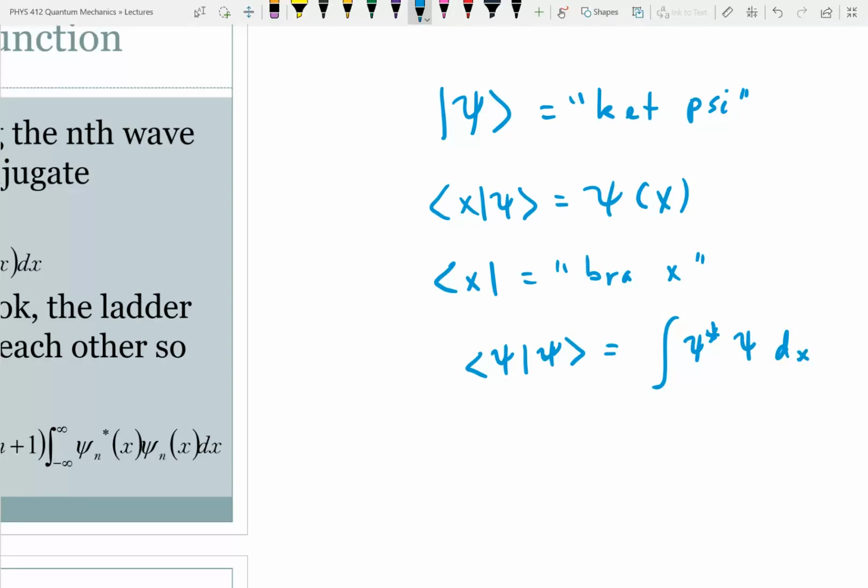It doesn't have to be dx because this here is technically that, but you could have put like psi in terms of a different variable besides x. But when you see the bra and the ket together, it's an implied integration. Now, you can see that that's shorter to write.